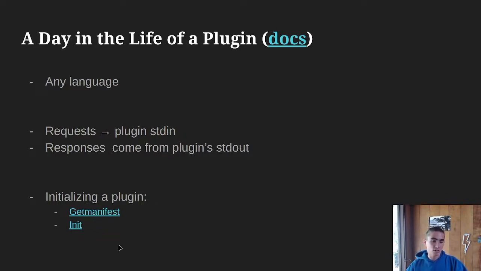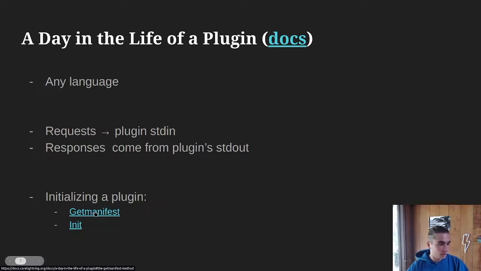And in order for a plugin to be initialized, you need to respond to these two requests. Before your plugin can be fully registered with Lightning-D, you need to respond to this get manifest request and this init request. So like I was saying, we're going to go over a plugin that doesn't use the library, and so we'll get to see a little bit of this.